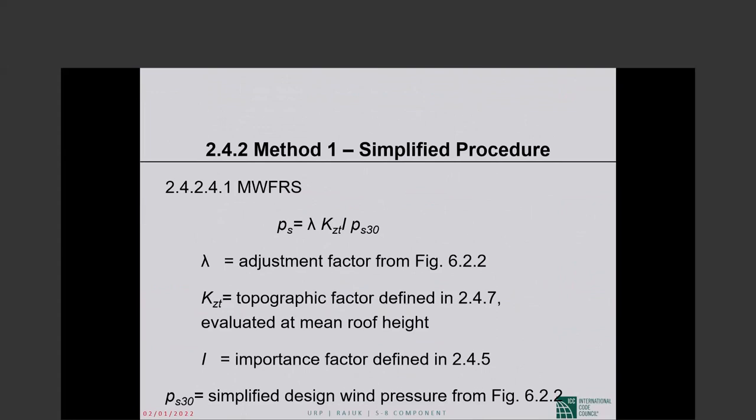Okay, in this method, the design pressure or suction, as the case may be, is a pressure that is given to you in tables, PS30, and that has to be multiplied by the I factor, the importance factor.